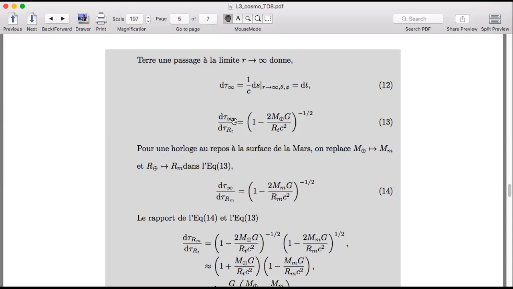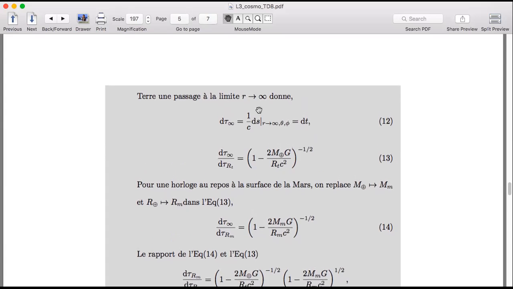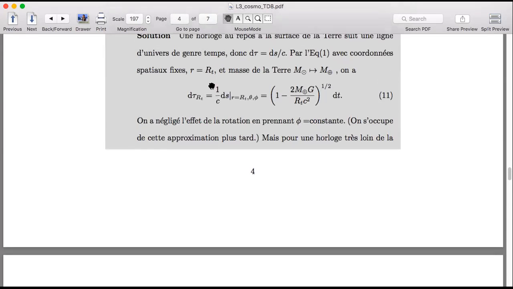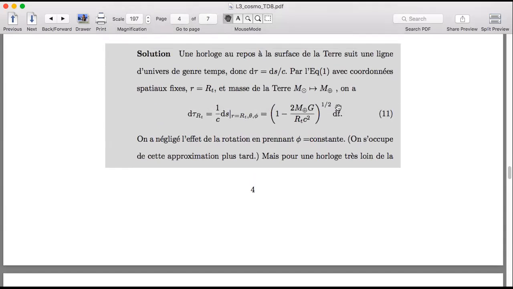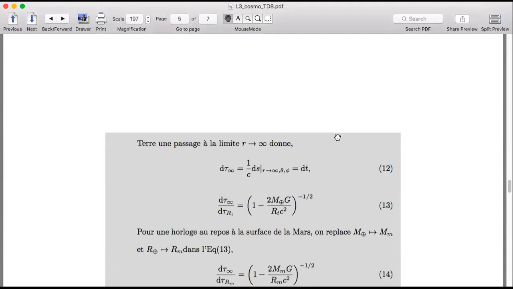Okay, so now I can take the ratio of my proper time measured by a clock at infinity and the clock at the surface of the Earth, and again the coordinate time intervals cancel.